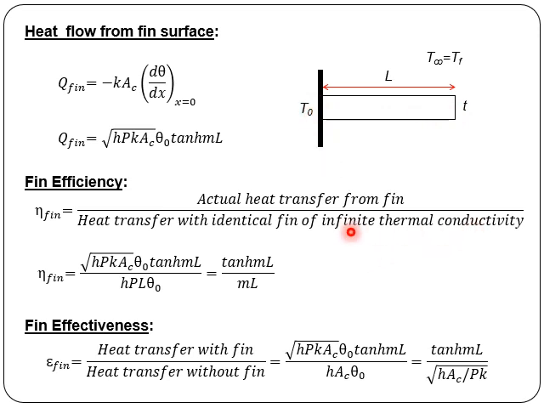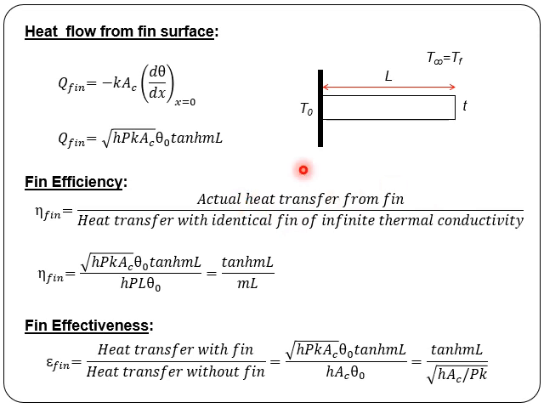But if you have infinite thermal conductivity, whatever the base temperature is, the total fin cross section or the length of the fin is at the same temperature. That means you don't have any thermal resistance in the conduction process. So if the temperature of the base is 100 degrees Celsius, the total fin is at 100 degrees Celsius, since you don't have any thermal resistance. So this is an ideal case.